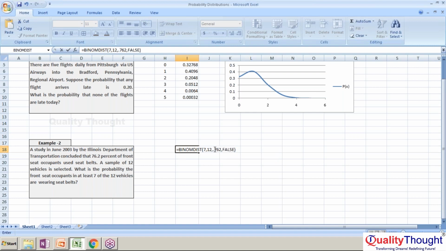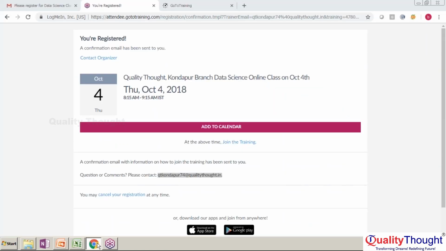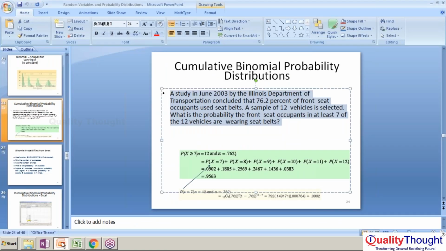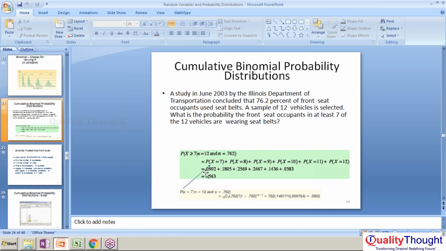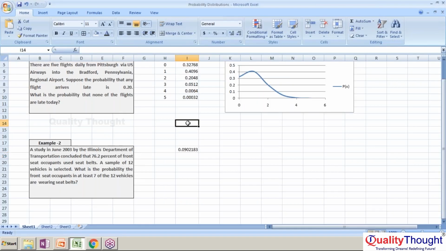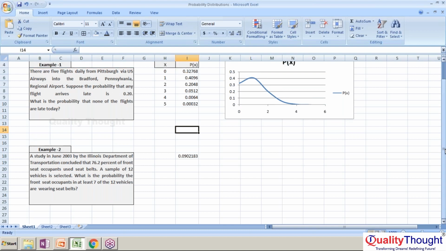0.0902 is the answer. But we can also observe here P of X is equal to 7, 0.0902. Is it valid? Is my calculation valid or not?